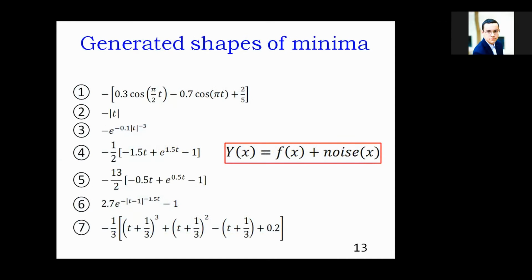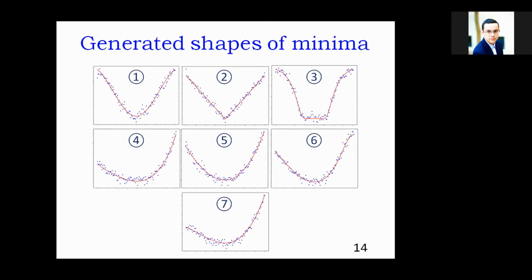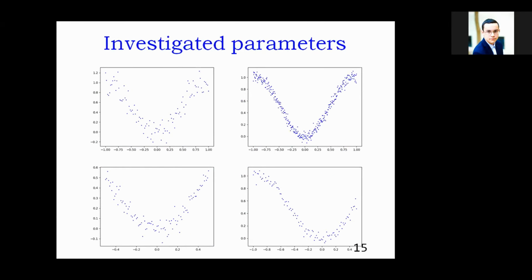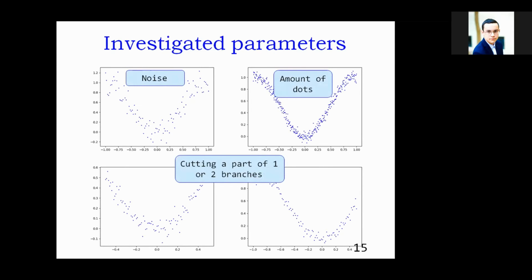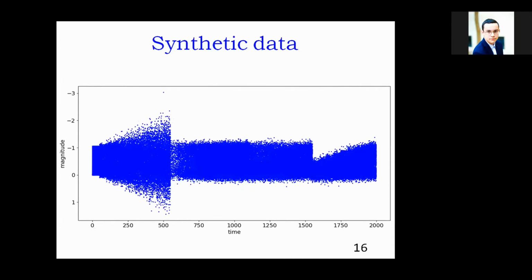There are some functions which we used as synthetic data. These are the plots of these formulas. And we changed the parameters such as noise, number of points, and also we cut 1 or 2 branches of the extremum.